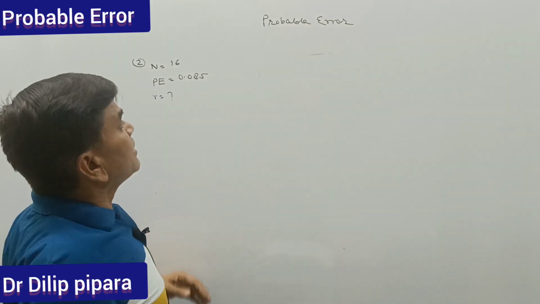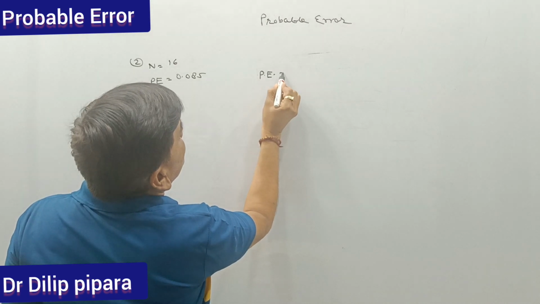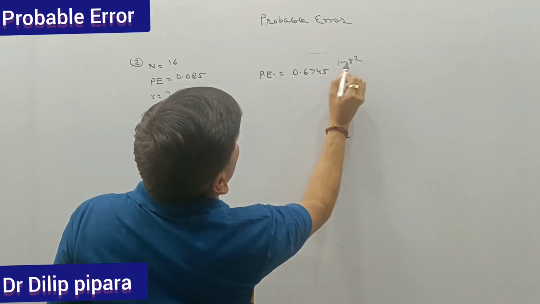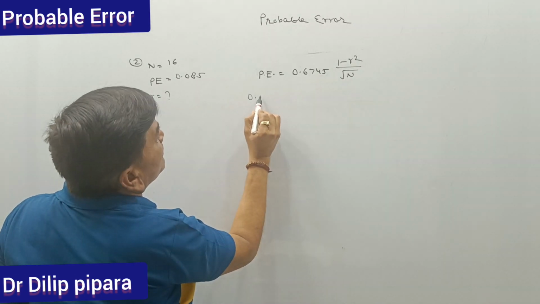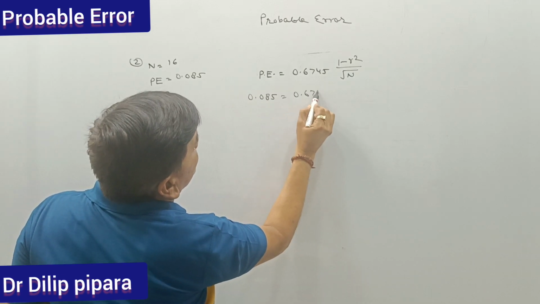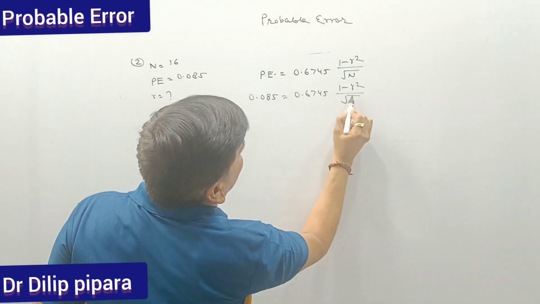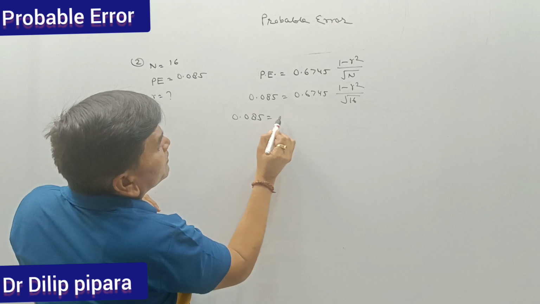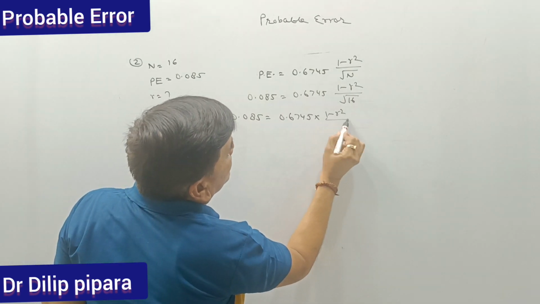So PE is equal to 0.6745 times (1 minus r square) divided by root n. The given value of PE is 0.085, so 0.085 equals 0.6745 multiplied by (1 minus r square) upon root 16, that is upon 4.